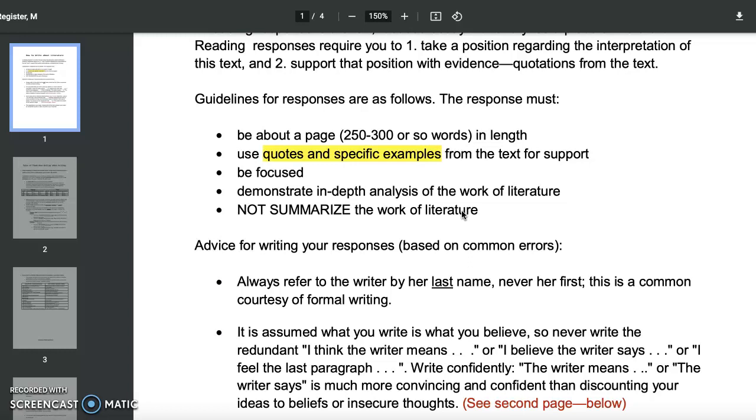You want to be focused in whatever it is you're having to say. You don't just sit down and start replying to a discussion forum. If you do that, it's very obvious that you didn't do the brain work and the sort of pre-writing required of an excellent response. You'll need to demonstrate some in-depth analysis of whatever work you've read.